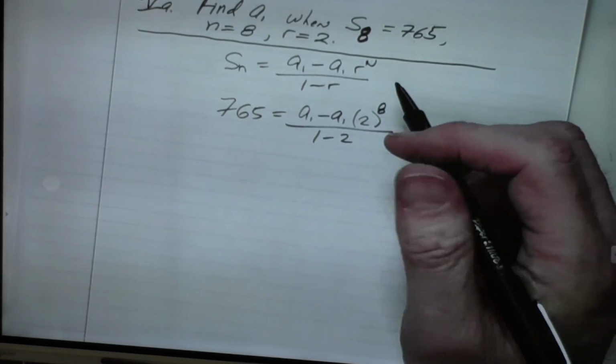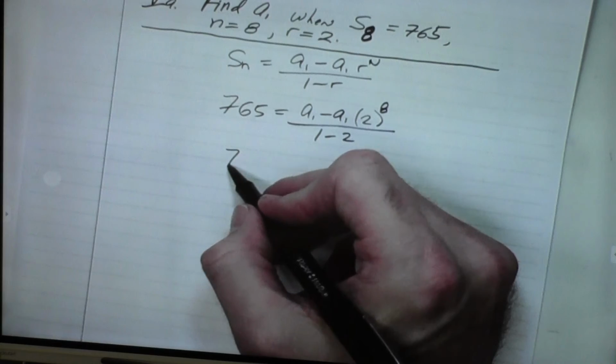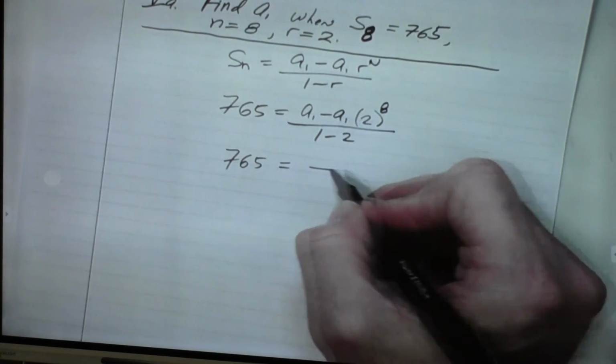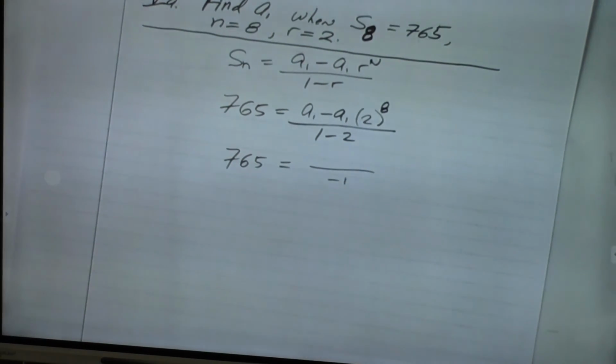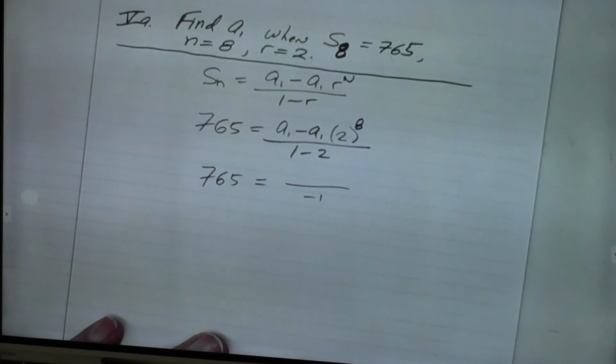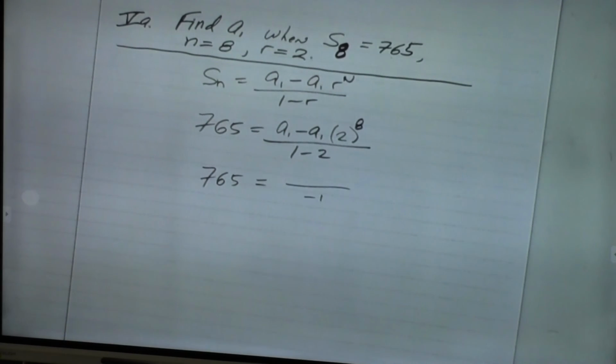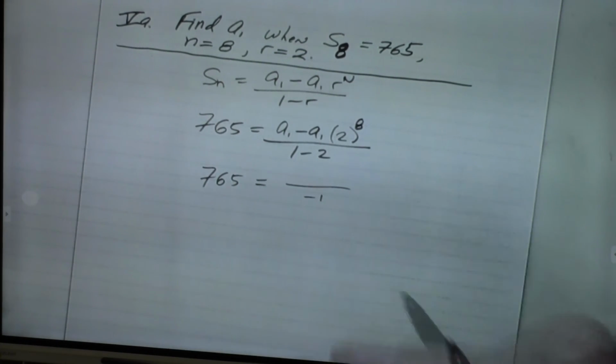A variation of this formula is now useful. What I'm going to do here, we'll calculate out some numbers and I'll show you. What's 2 to the 8th power? Not get too far ahead of myself. 16, 32, 64, 128. 2 raised to the 8th, 256.